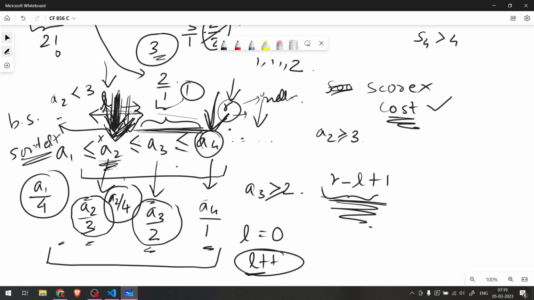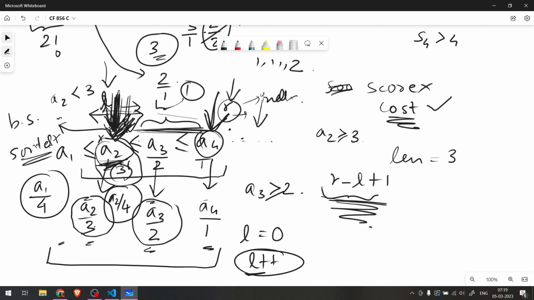Because if you notice here that for the segment A2, A3 and A4, length is equal to 3, and the first element is divided by 1, second element is divided by 2, third element is divided by 3. To find the L, the element has to be greater than or equal to the length, right?